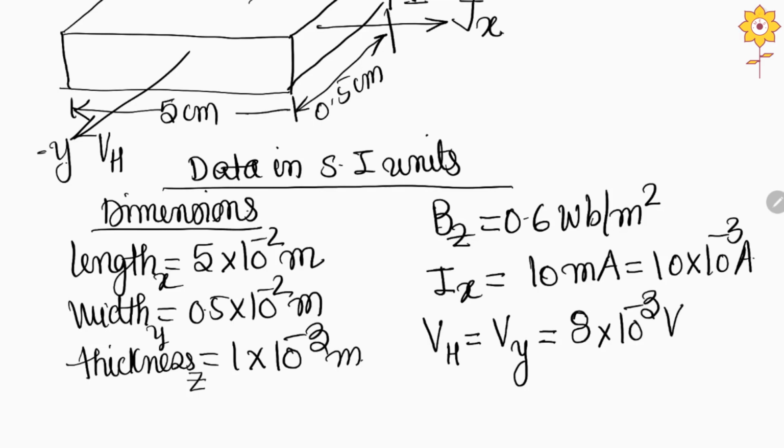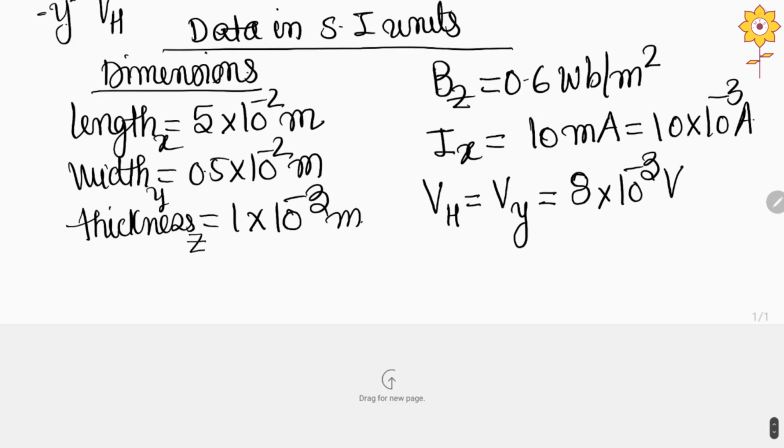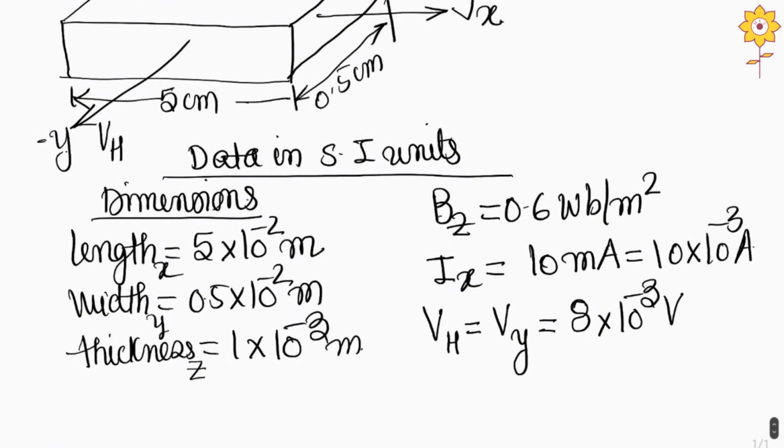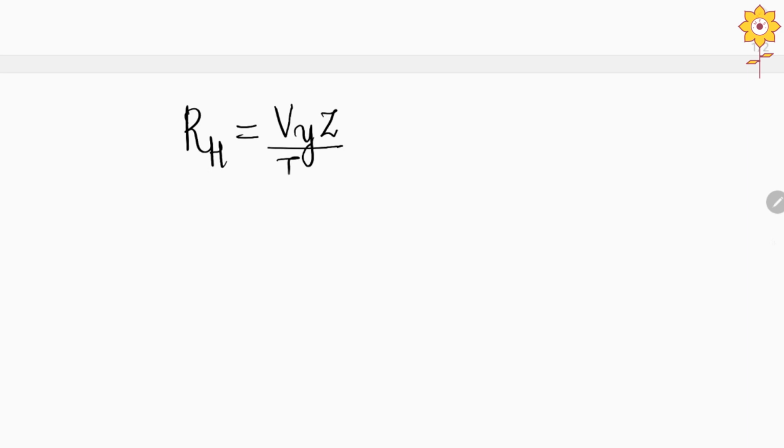So now everything is in SI units, and now we proceed to the formula. The formula that we have is RH, which is the Hall coefficient, is going to be equal to Vy z upon Ix Bz. That's the formula for the Hall coefficient.